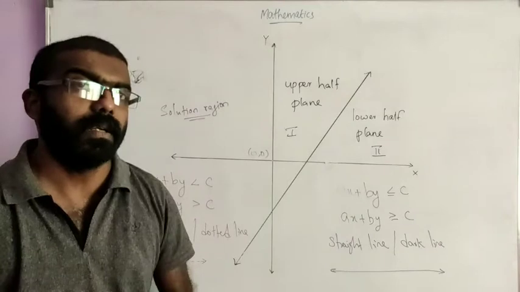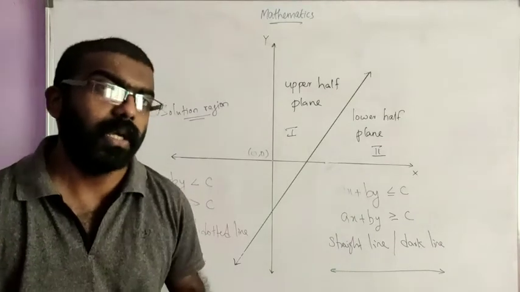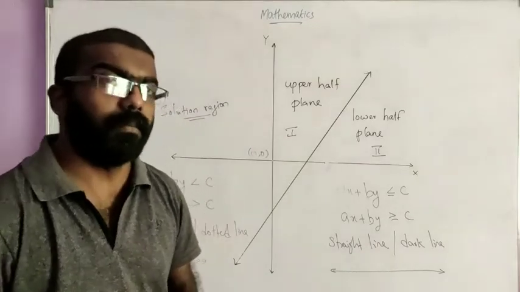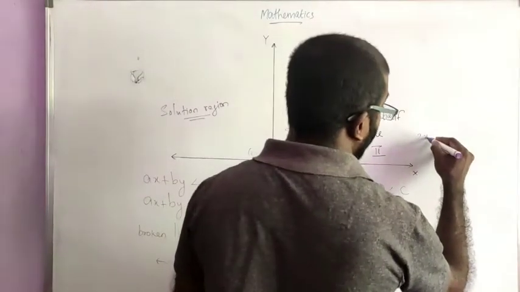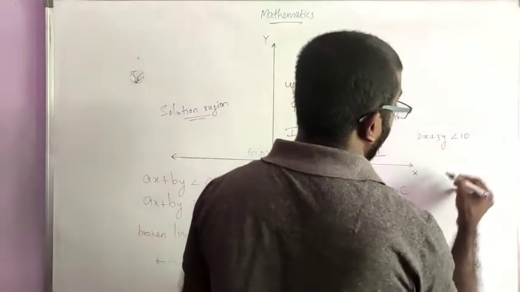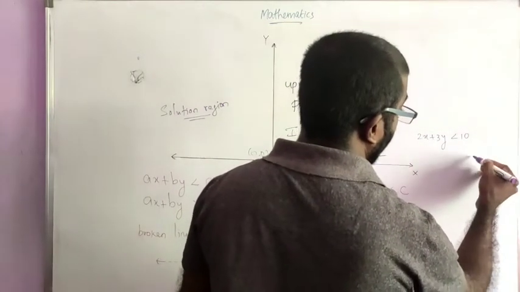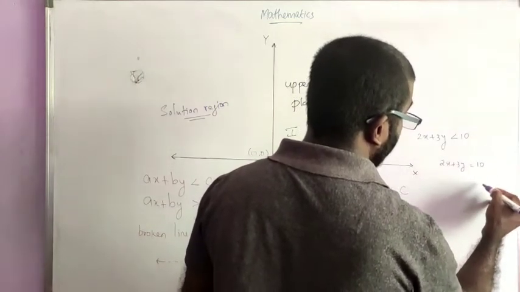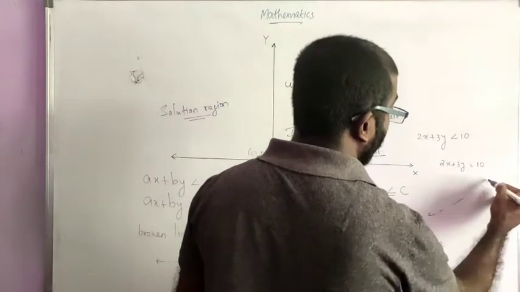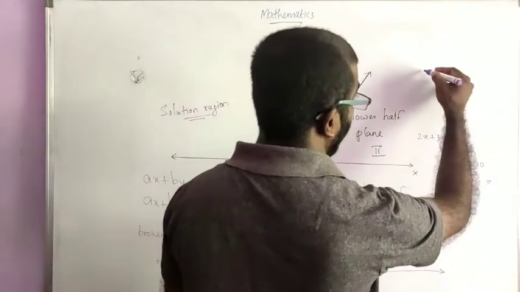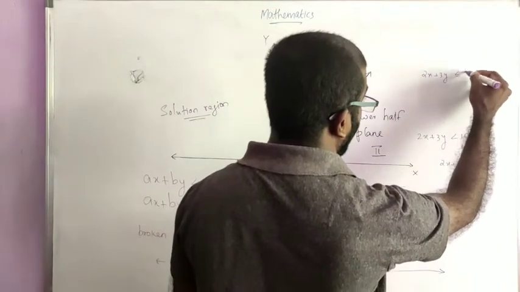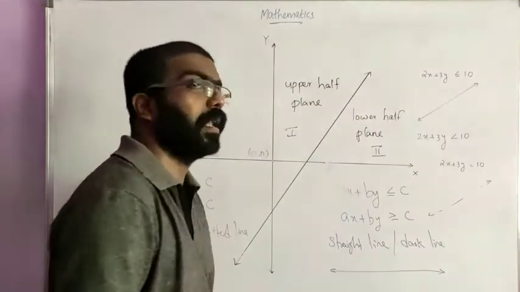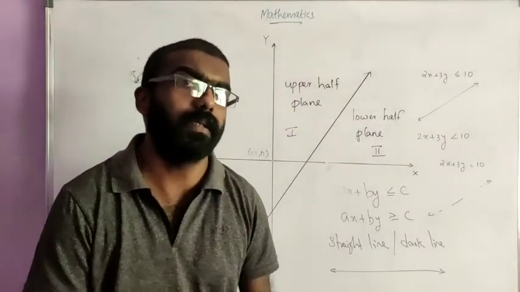So it means that the points on the line are also a solution of this inequality. Okay. For example, in a question it is given that 2x plus 3y is less than 10. Then we have to find the points and draw the line 2x plus 3y is equal to 10 using a dotted line. And if it is of the form 2x plus 3y is less than or equal to 10, then we have to draw a straight line without any break, a dark line. Okay, this is the only difference.